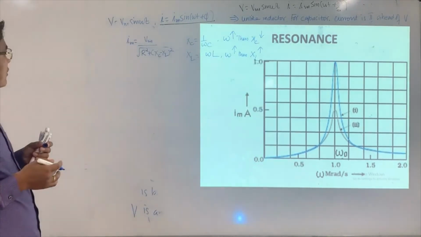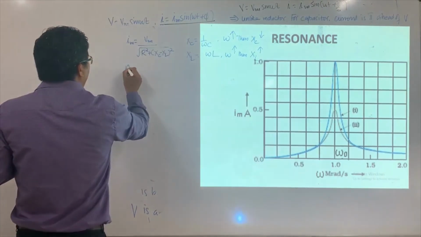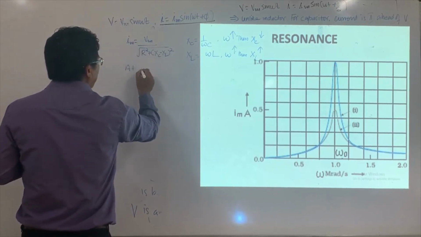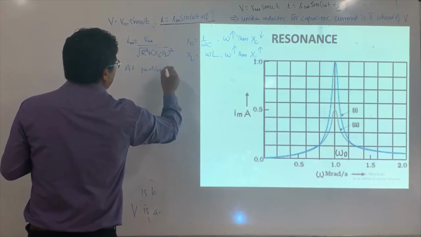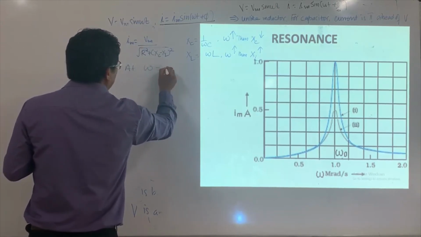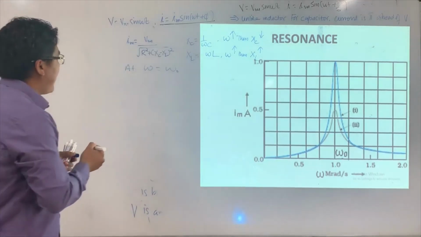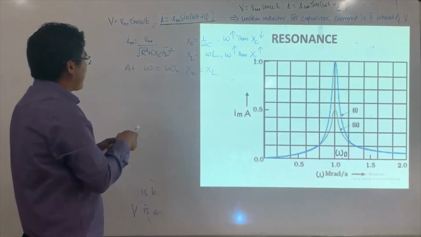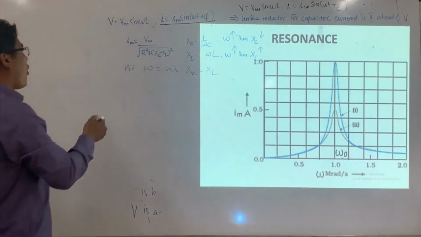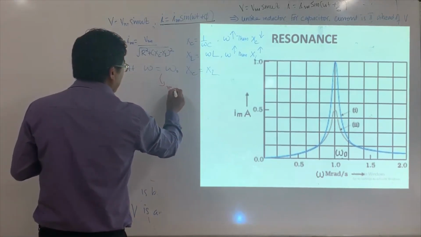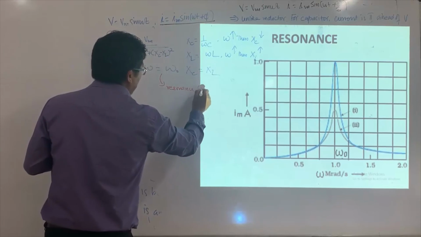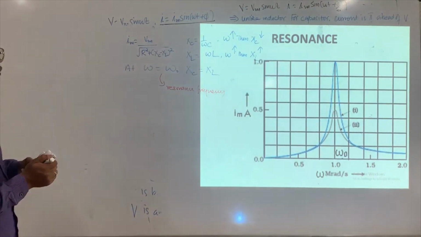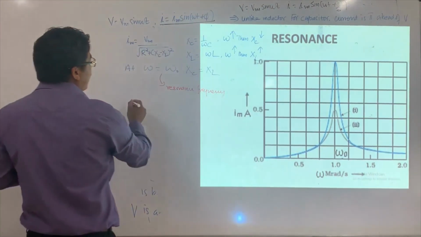Because of these relations, at a particular frequency, let's say omega equal to omega naught, Xc is equal to XL, and we call this frequency the resonant frequency.